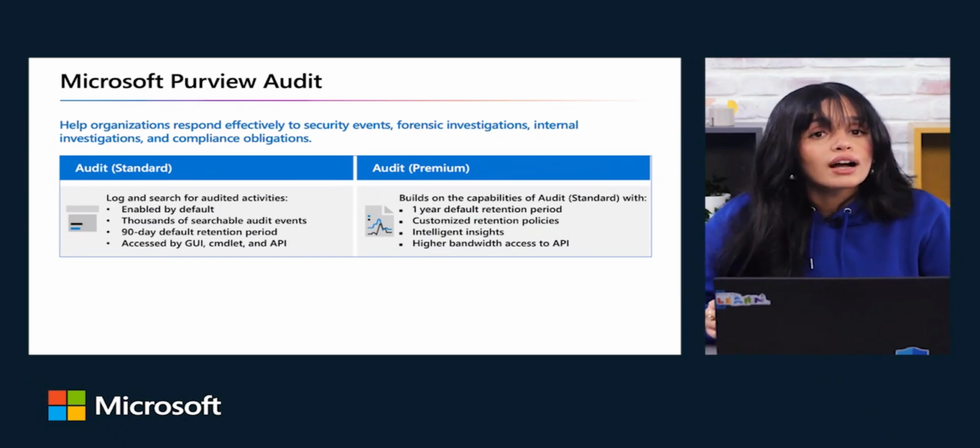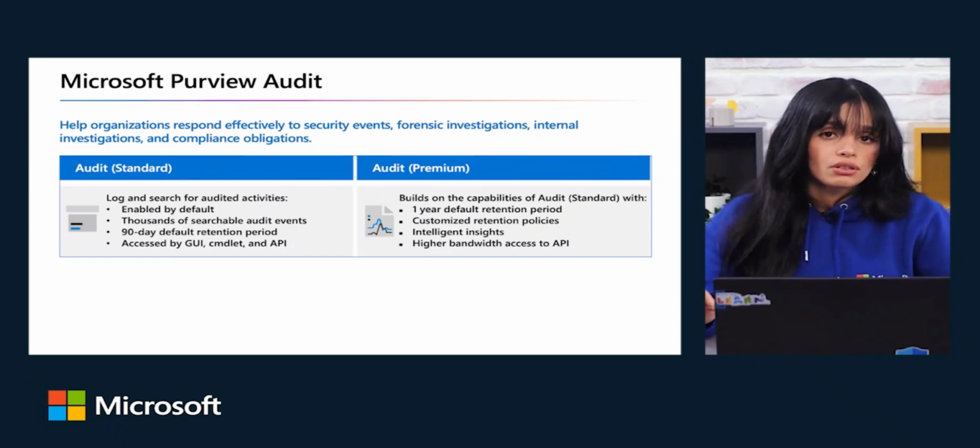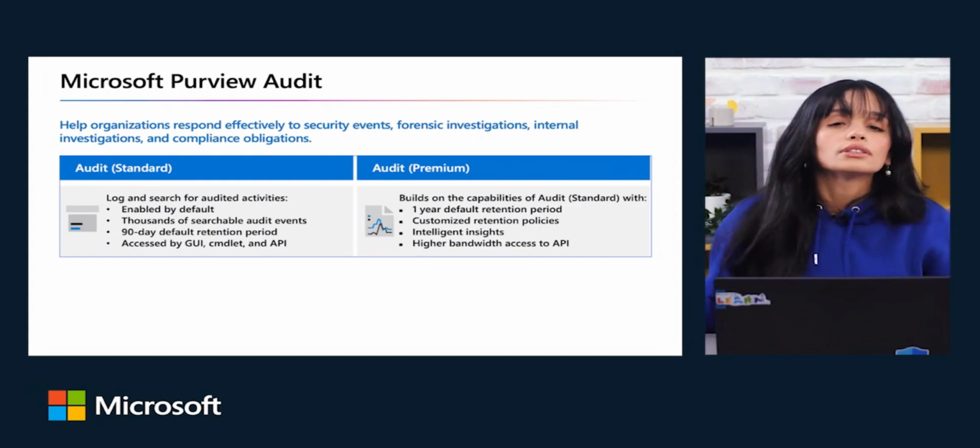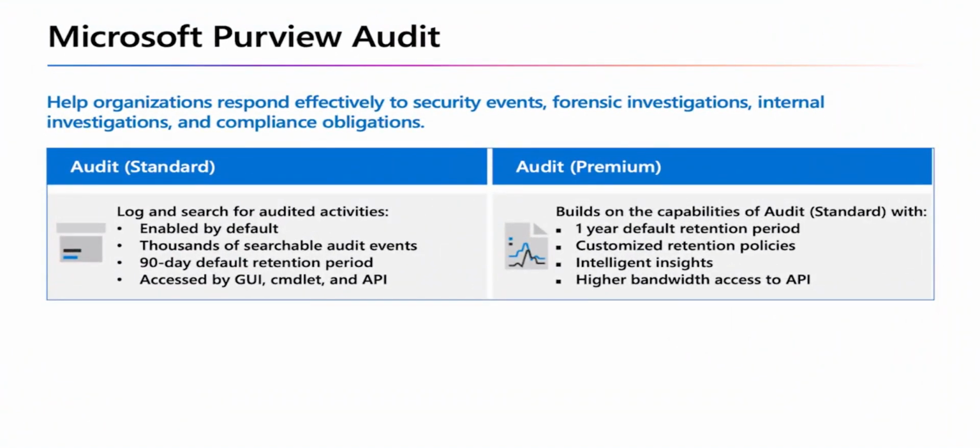Microsoft Purview provides 2 auditing solutions, Audit Standard and Audit Premium. For the Audit Standard, this solution is turned on by default for all organizations with the appropriate subscription, and it provides you with the ability to log and search for audited activities to power your forensic, IT, compliance, and legal investigation.